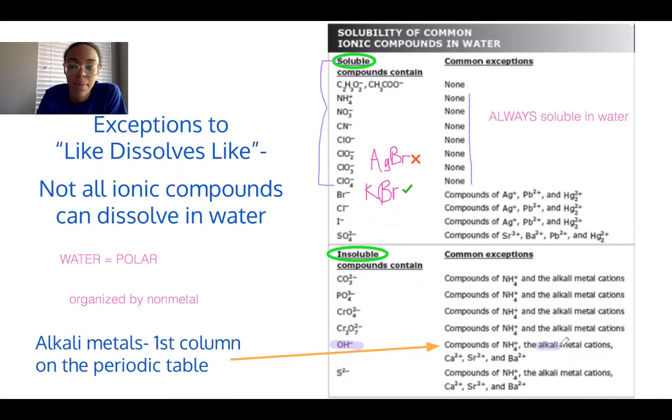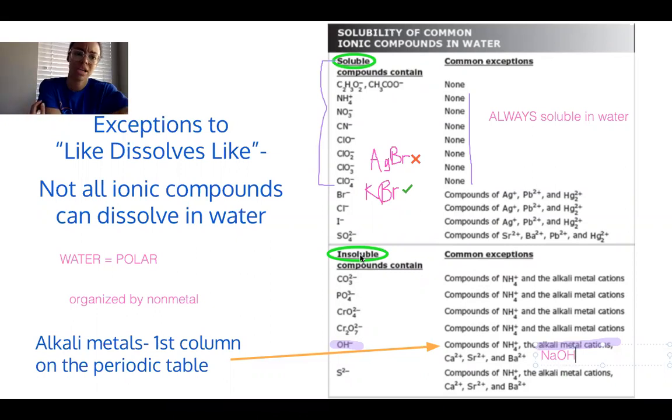The alkali metals are the entire first column on the periodic table. If you recall, an element in the first column is sodium. So NaOH would be an exception to it being insoluble, meaning that NaOH should be soluble in water.